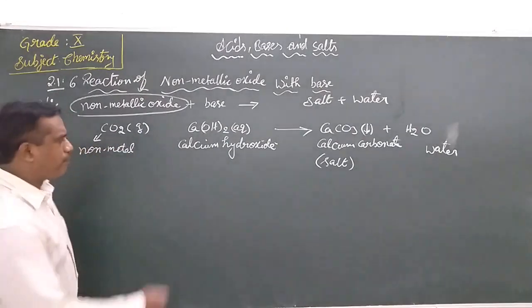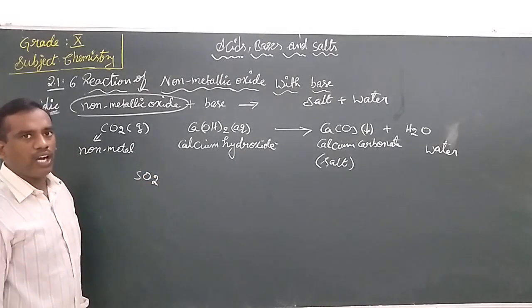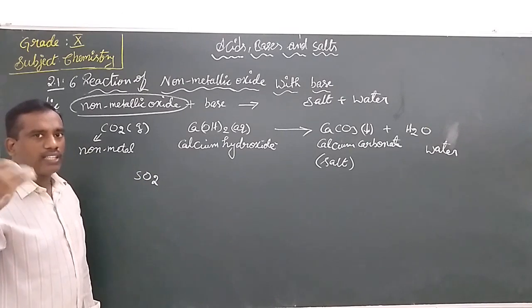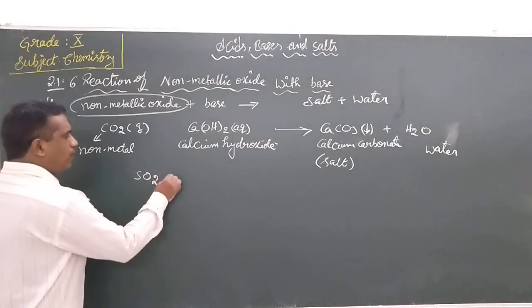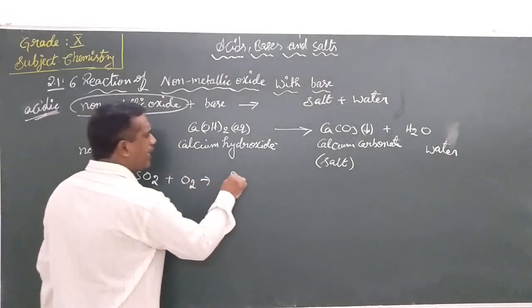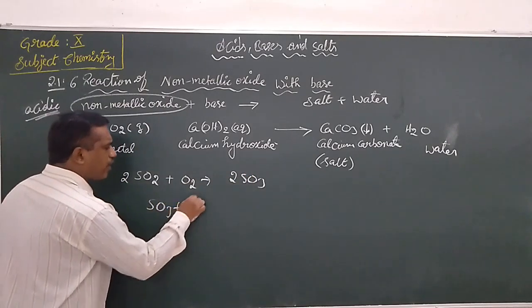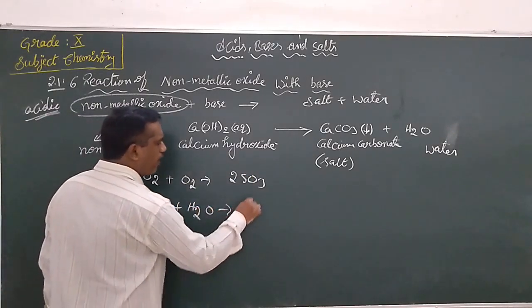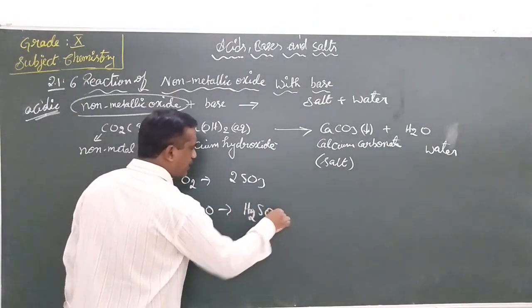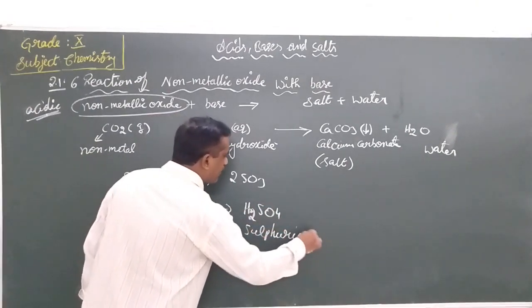The simplest example is SO2, sulfur dioxide. We learned in the last class about acid rain. When sulfur dioxide is oxidized, it will form sulfur trioxide. This sulfur trioxide, when dissolved in water, will form sulfuric acid, which means it is an acidic compound.